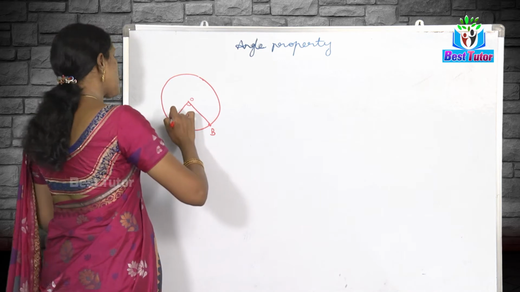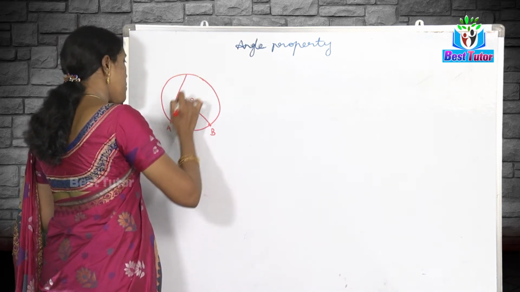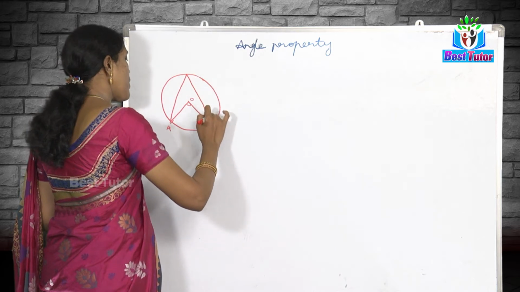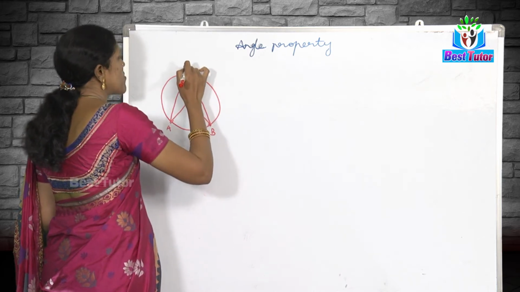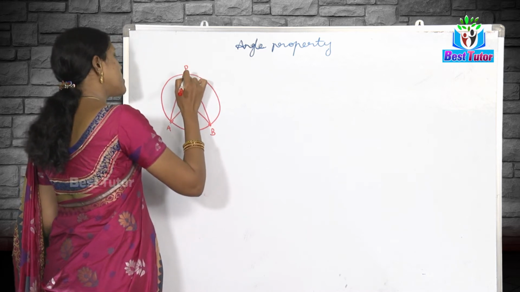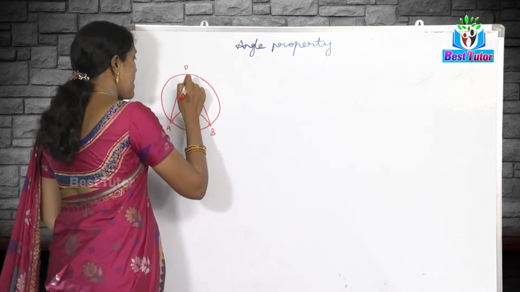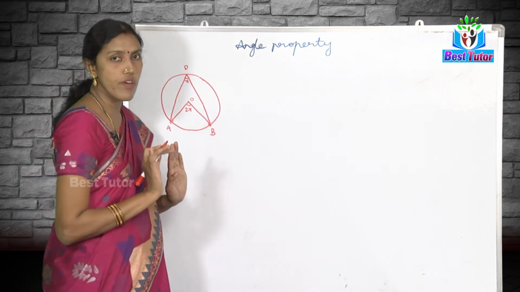How am I going to prove that the angle made by the same arc AB at any point on the remaining part of the circle, say for example, this is D or C, whatever it is, is such that this angle is twice the angle? If this is x, this is 2x. This is to be proved.